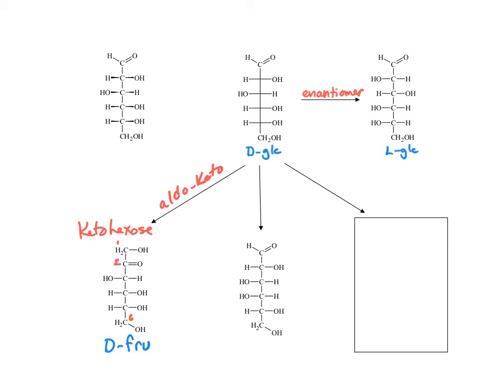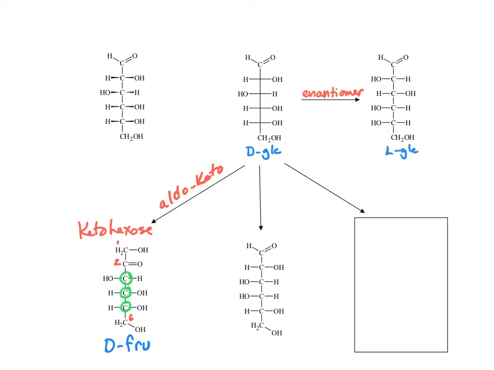Not as much as D-fructose, but let's note that there are only 3 chiral carbons to be switched. We lost one when we moved the carbonyl to carbon number 2, but nonetheless, D-fructose can be converted to L-fructose by switching all 3 of those. So we just gained 2 more sugars.